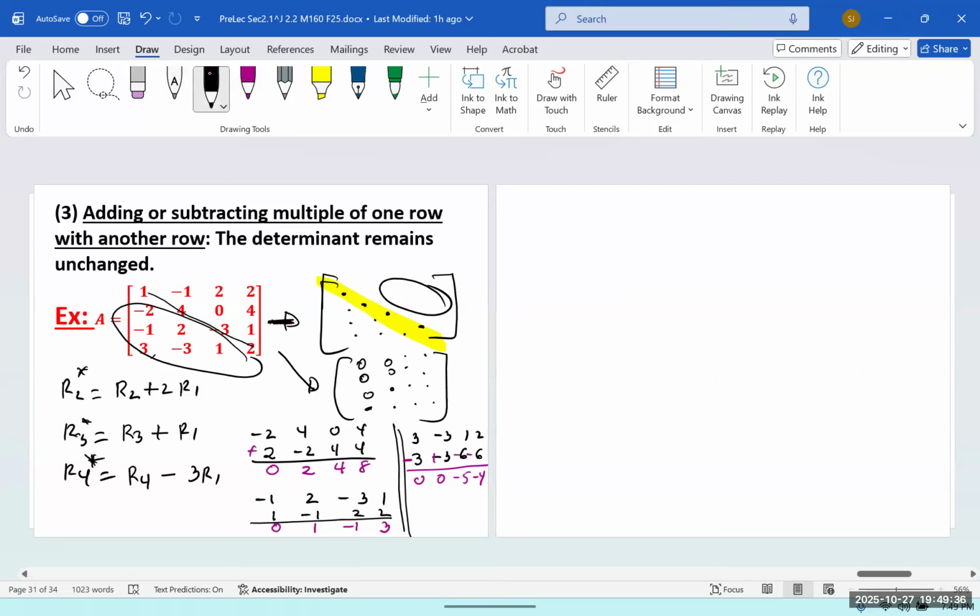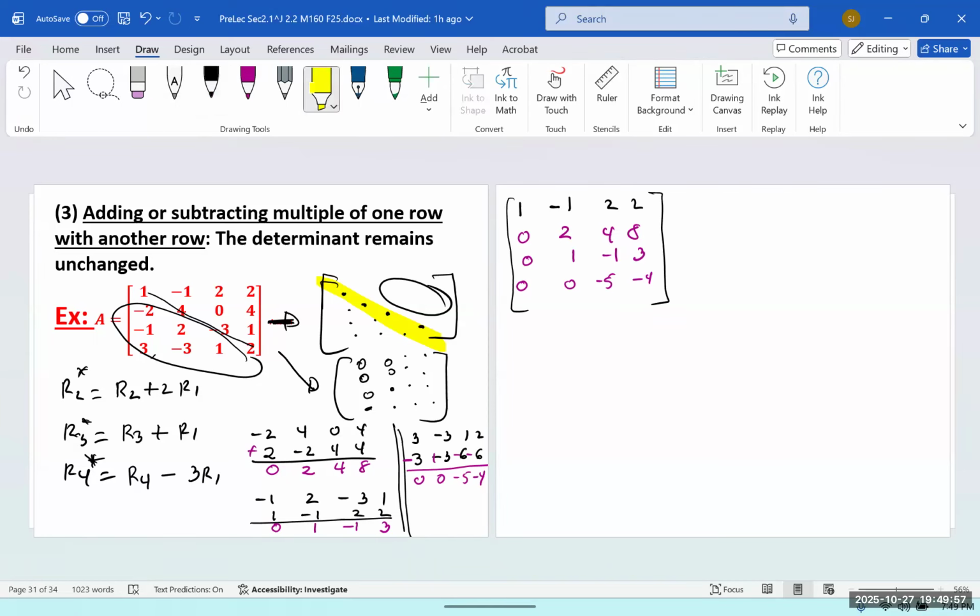So we do not change anything in the first row. So negative 1, 1, negative 1, 2, 2. Then we have 0, 2, 4, 8, 0, 1, negative 1, 3, 0, 0, negative 5, negative 4.